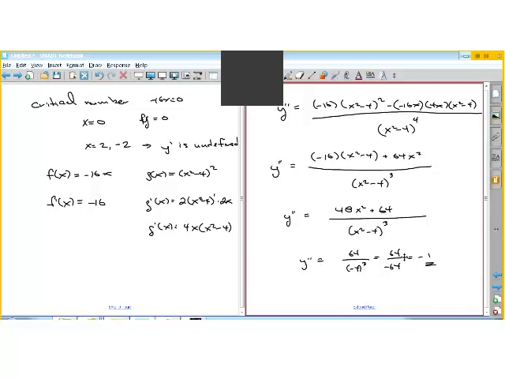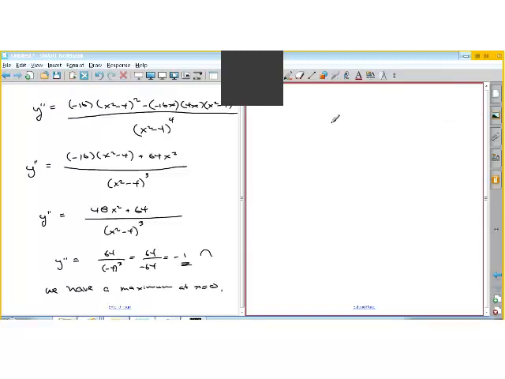So the second derivative at x equals 0 is negative. So it's concave down, because its second derivative is negative. We have a maximum at x equals 0. Okay, so that's the extrema. One extreme at x equals 0. It's a maximum because it's concave down.